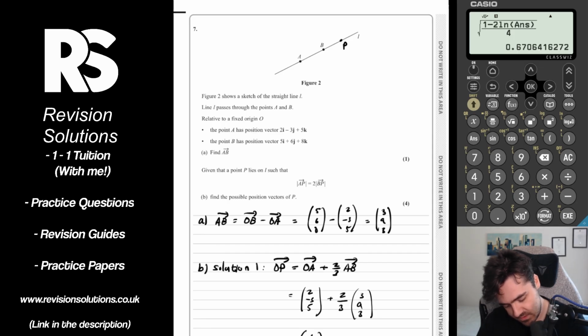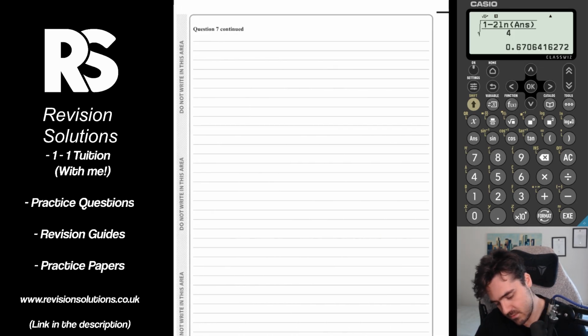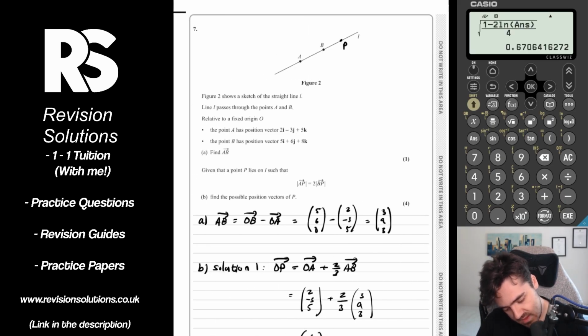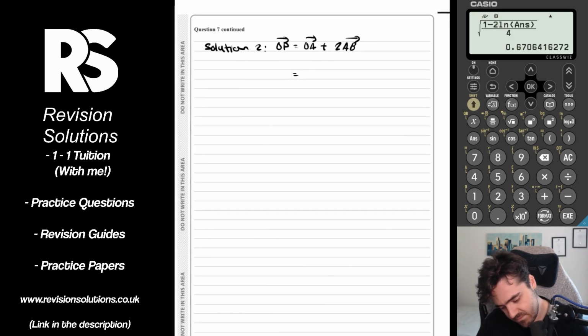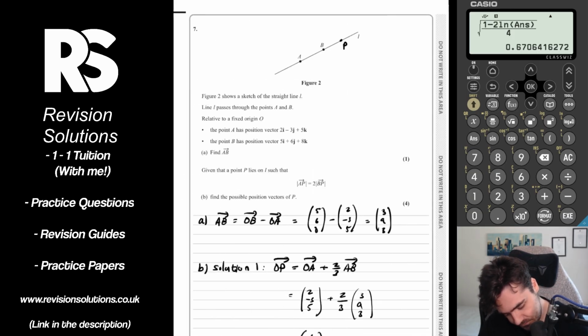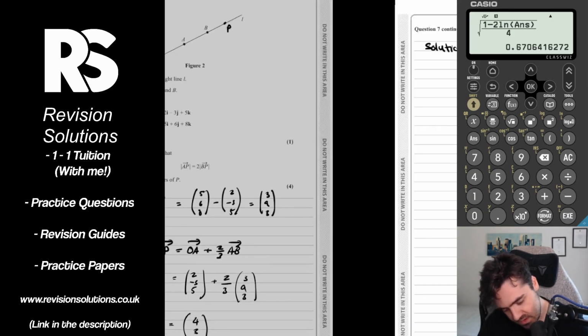So doing that, we could say, well, O to P is also, for solution 2, we first go to A again, so that's O to A, but this time we add on 2 lots of A to B. So writing that out, that's (2, -3, 5) plus 2 lots of A to B, or (3, 9, 3).